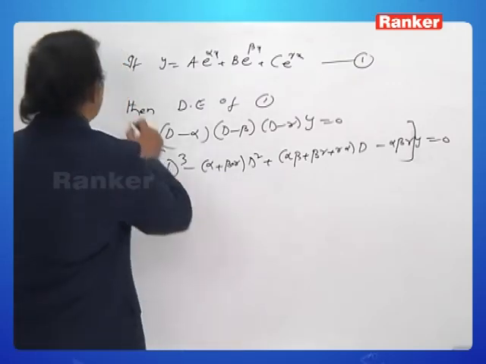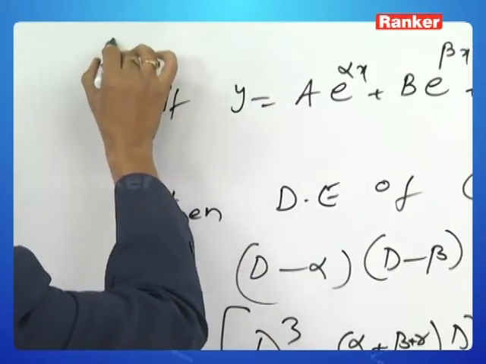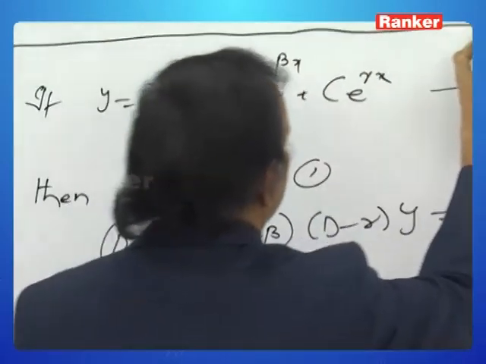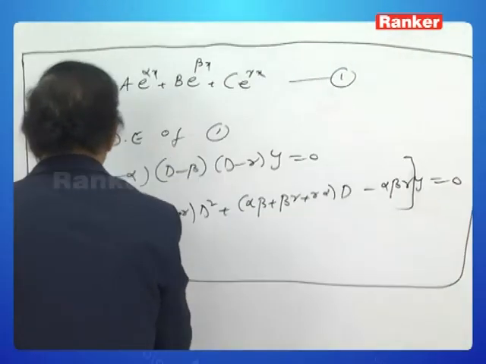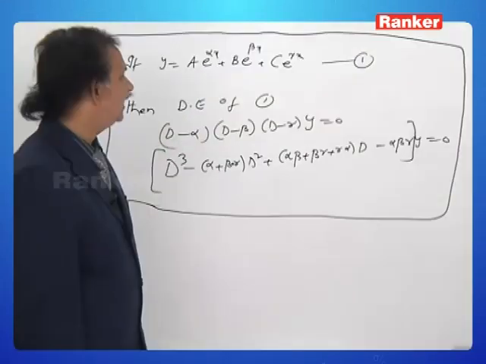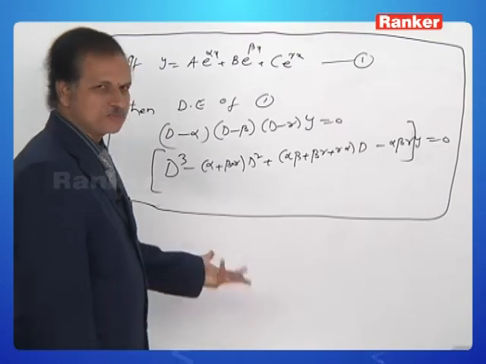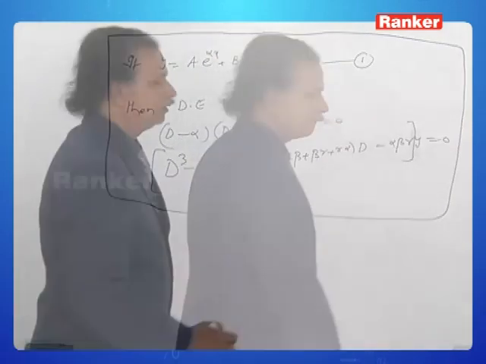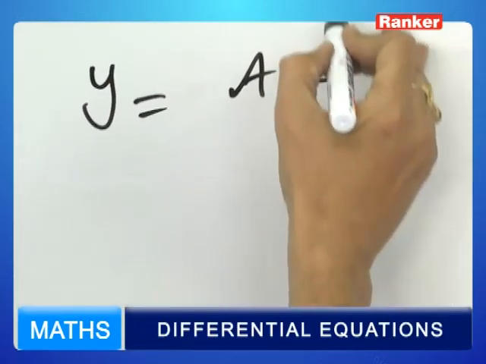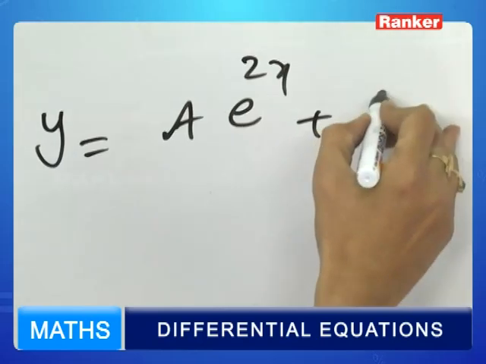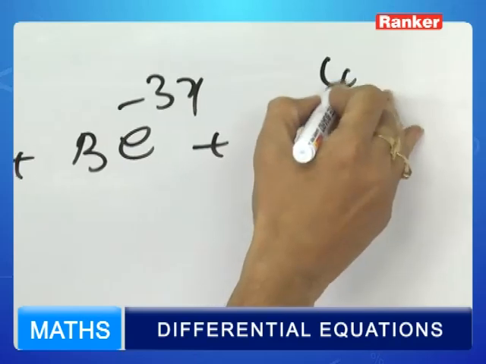I think you could have followed this step. This is a beautiful hint. How to get it practiced? We shall now look at this. y is equal to a into e power 2x plus b into e power minus 3x plus c into e power 4x.